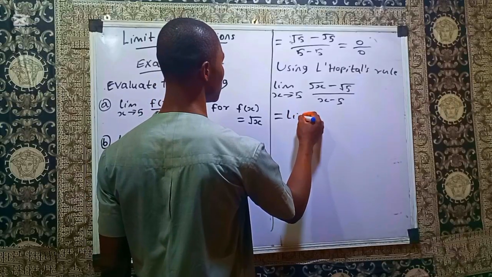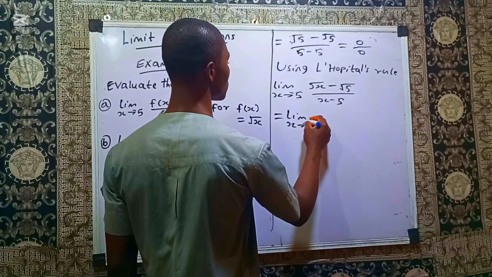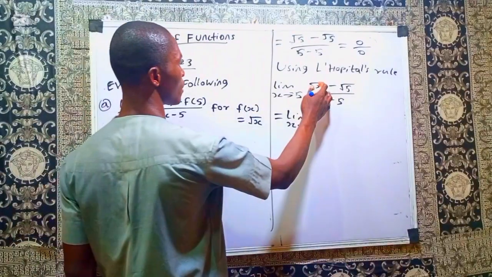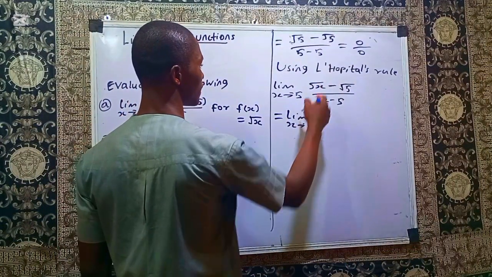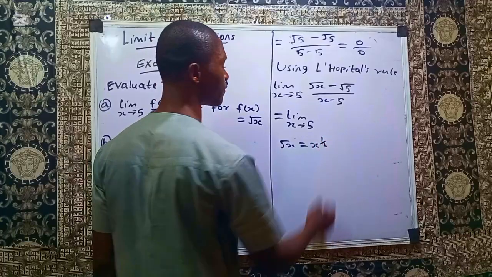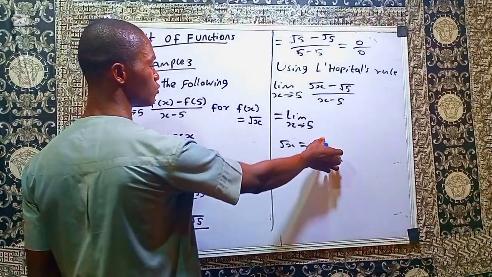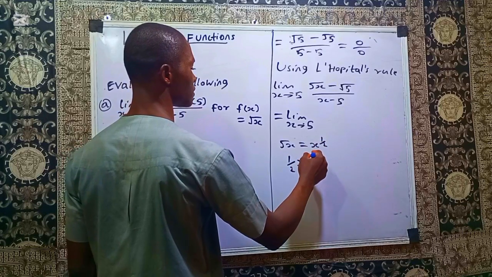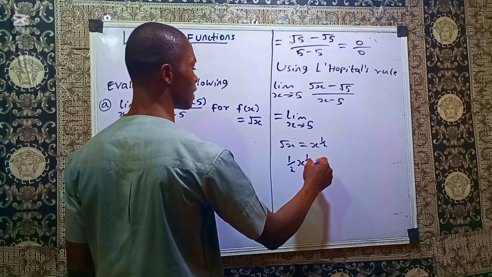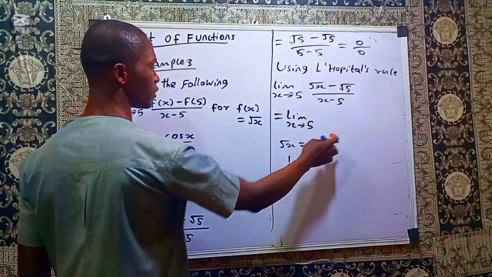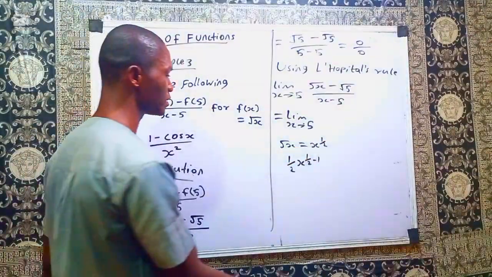So let's write the limit as x goes to 5 of, we differentiate square root of x. Square root of x is the same as x raised to power half. To differentiate, you bring down the power, which is half, you write your x, and you remove 1 from the power, that's half minus 1. That's how we differentiate.